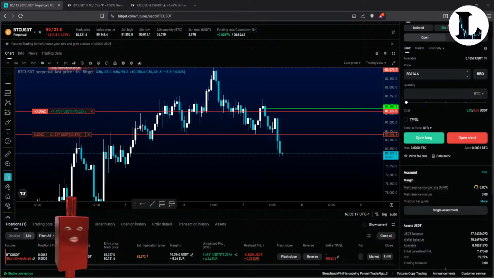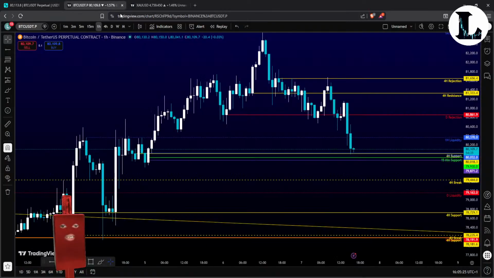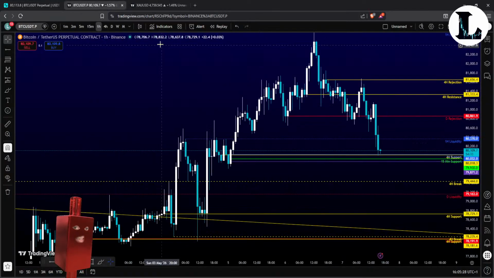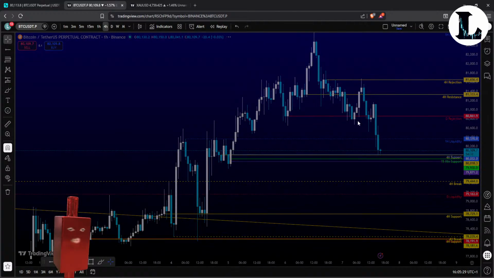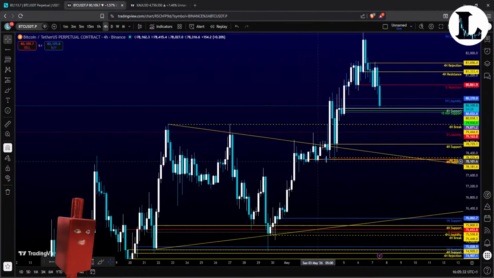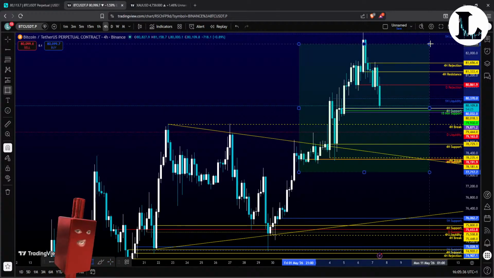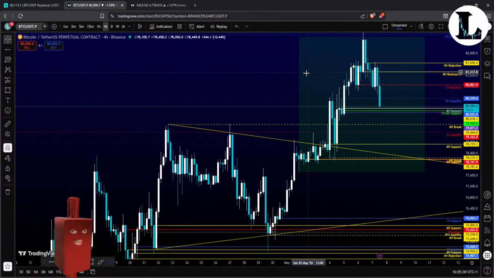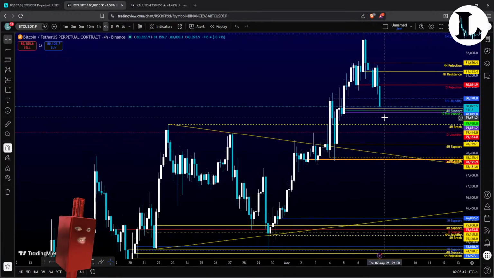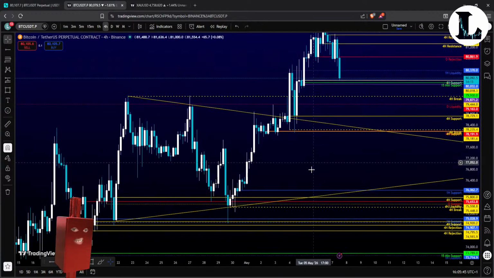Alright, so that's a very good move. I think I don't have much more to say about my levels here on Bitcoin. I think I already talked about everything from this range to the top, right? And eventually, if we start moving down, I will talk about the next targets on the bottom.